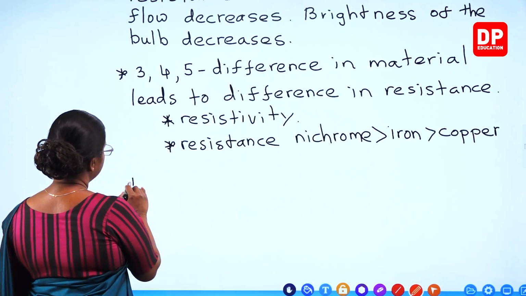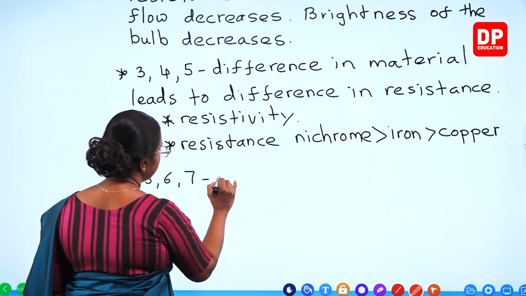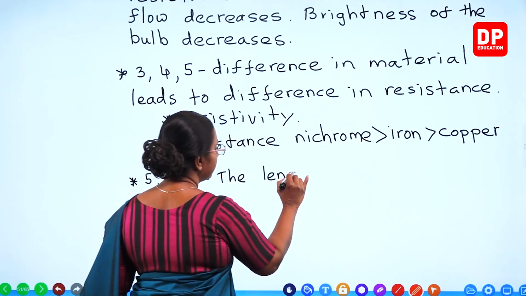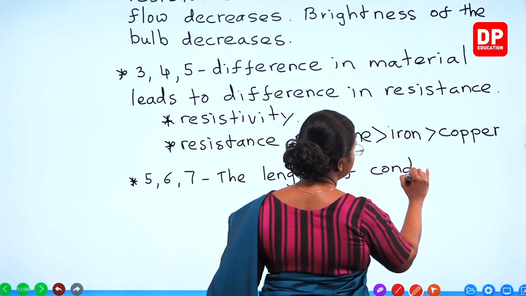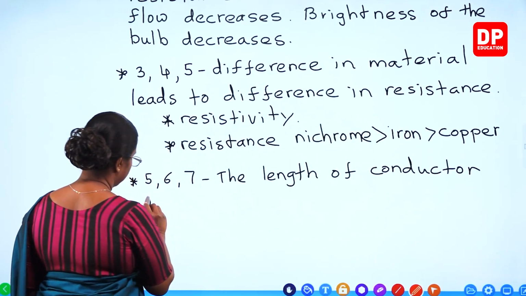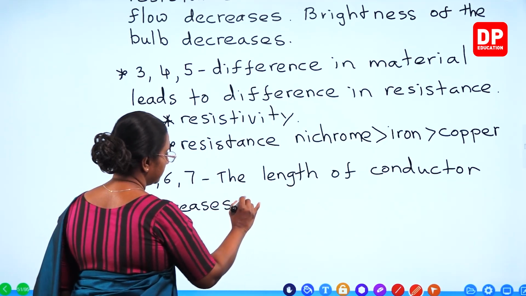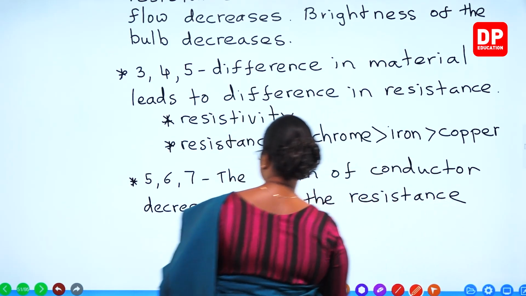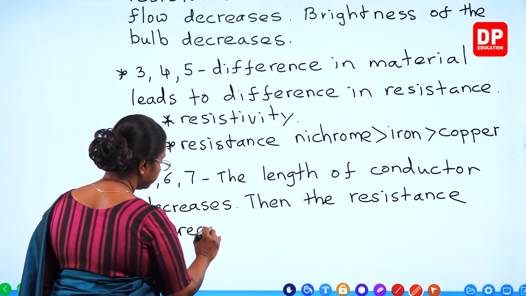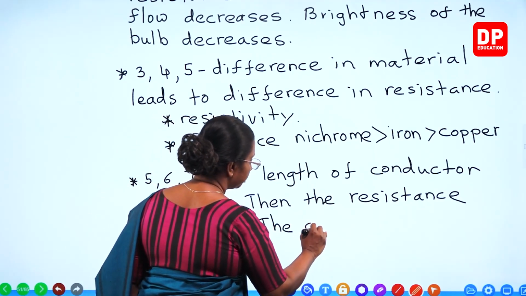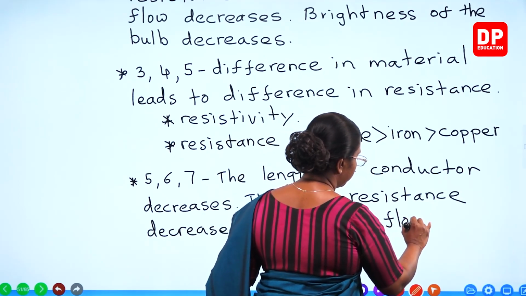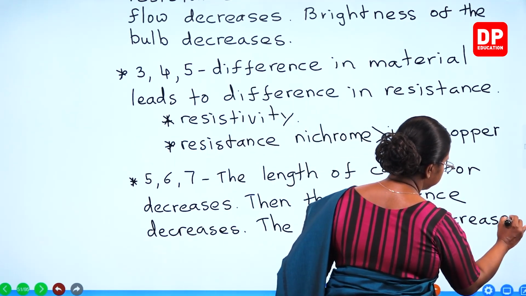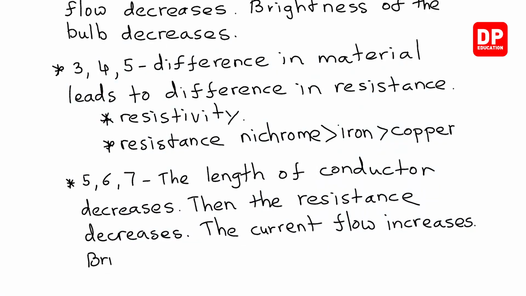So here, the next one, 5, 6, 7, the length of conductor decreases, then the resistance decreases, the current flow increases, brightness of the bulb increases.